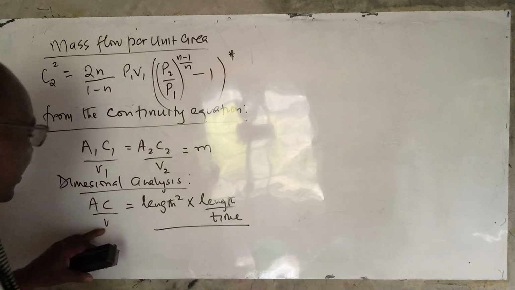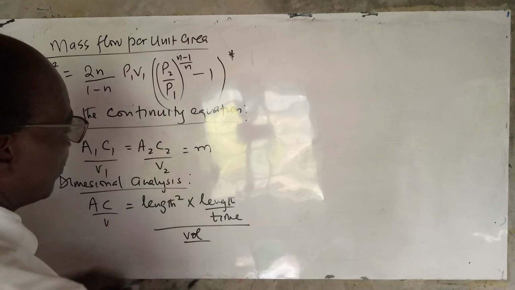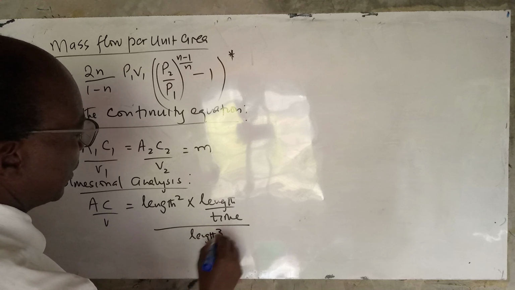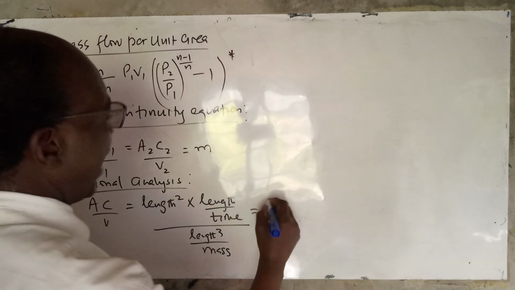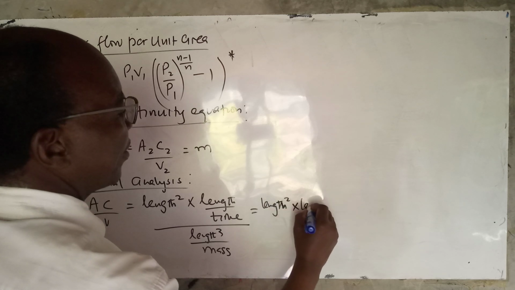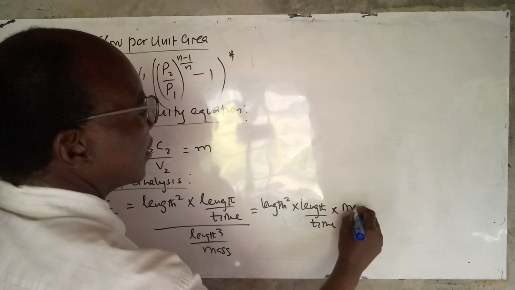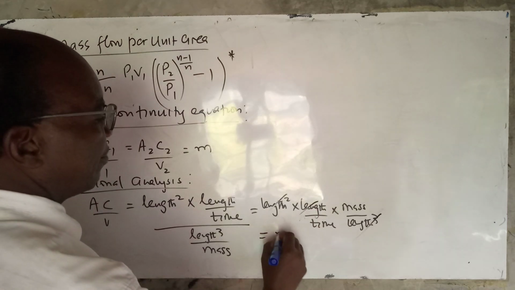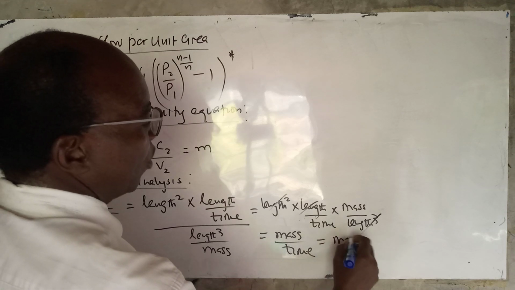And this is divided by specific volume, which is volume over mass, that is length cubed over mass. So if you cancel out these dimensions, you have length squared times length over time, multiplied by mass over length cubed. Of course, this will cancel out. We're left with mass over time, and that's the mass flow rate.